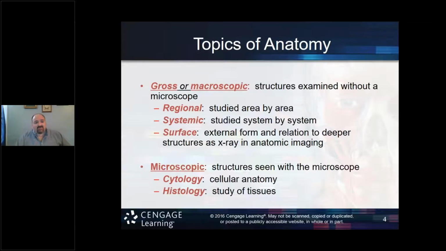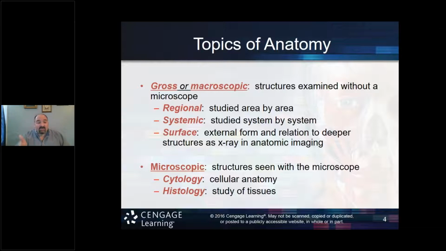So here we have gross and microscopic examinations. Gross anatomy would be looking at the human body without needing to magnify any region. You're just looking at it with your eyes, unless you have glasses, right? You're looking at the different areas and body systems.